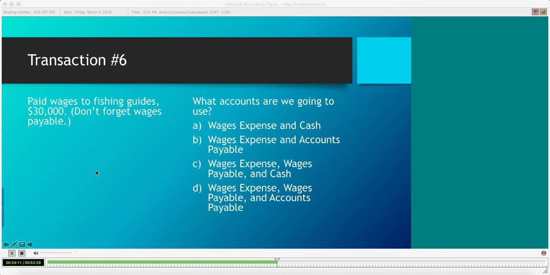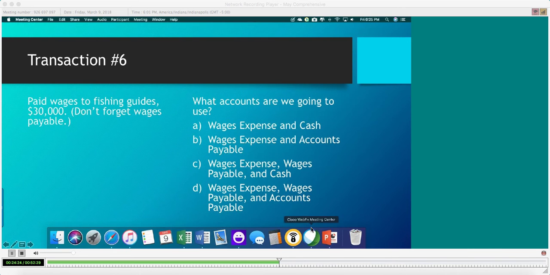This is the one that is missed by about 99% of all students. We paid wages to fishing guides of $30,000. Don't forget the wages payable. So what accounts would we use here?